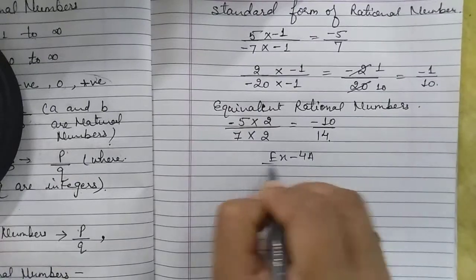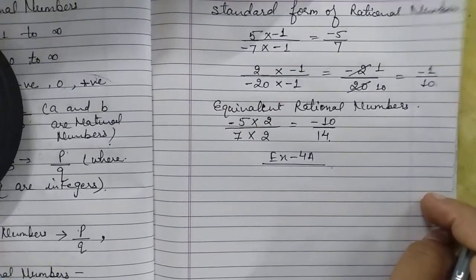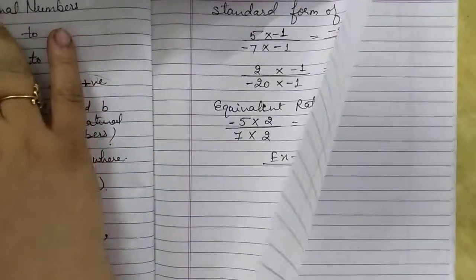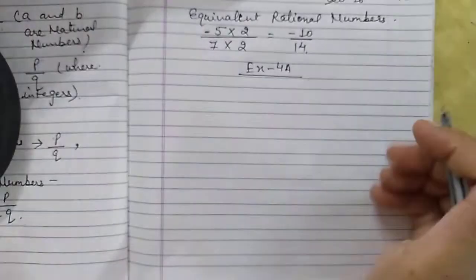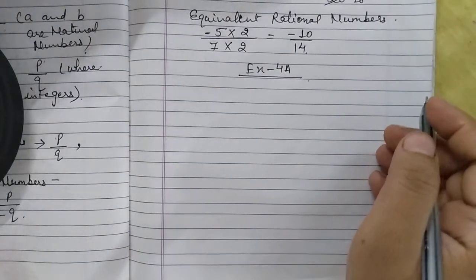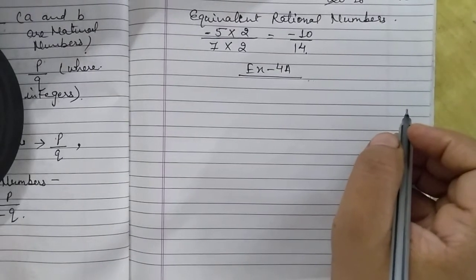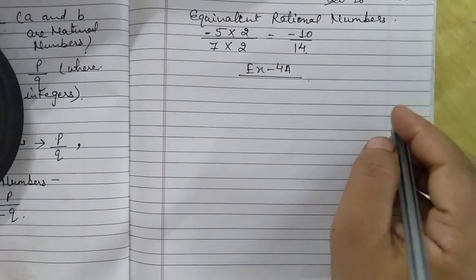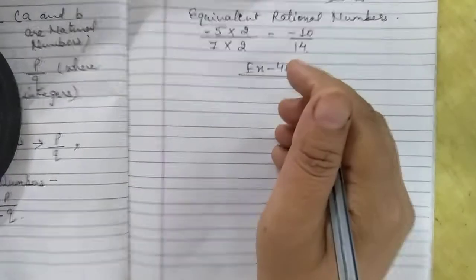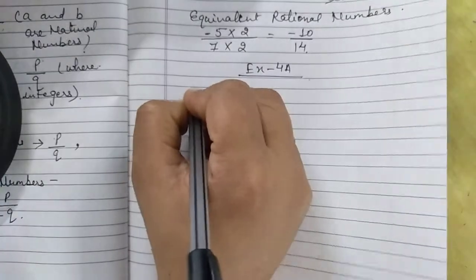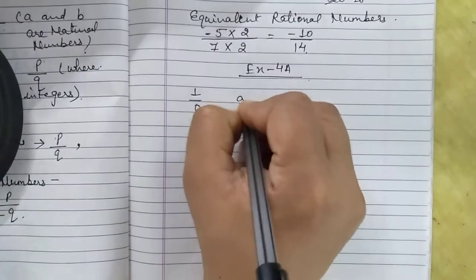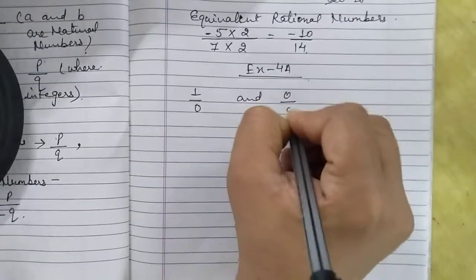of R.S. Aggarwal. In the first question they have asked only the definition of a rational number, so you can do that yourself. In the second question we have to choose the rational numbers. All the numbers are rational numbers except 1 upon 0 and 0 upon 0.